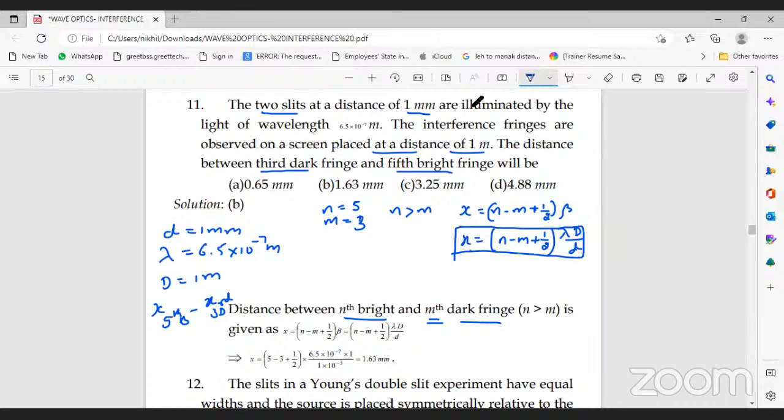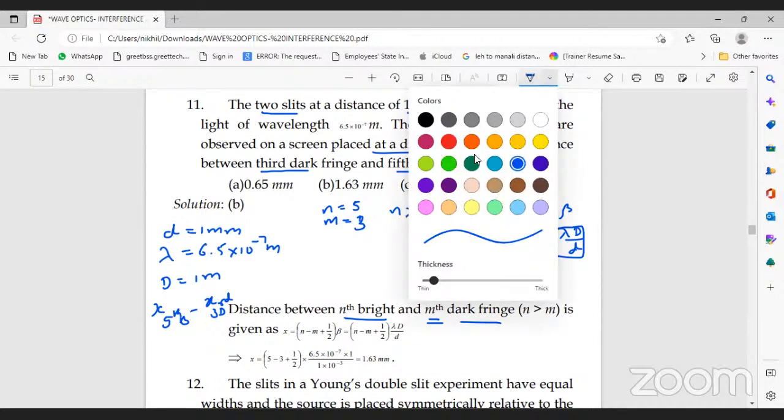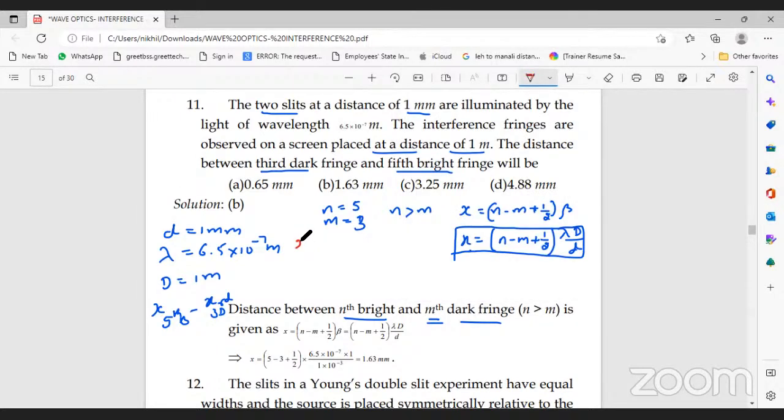How much you got? Or also you can find the distance of the fifth bright separately by using formula n lambda capital D by small d. If you want third dark, 2n minus 1 lambda capital D by 2d. Since here n is 5 for the fifth bright band, 5 lambda capital D by small d.